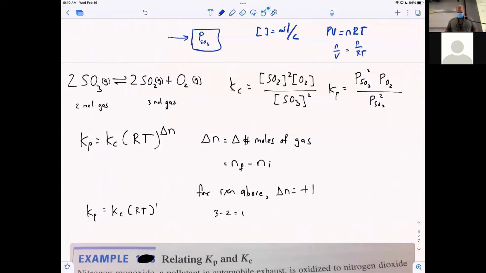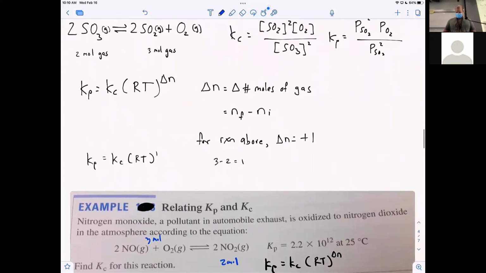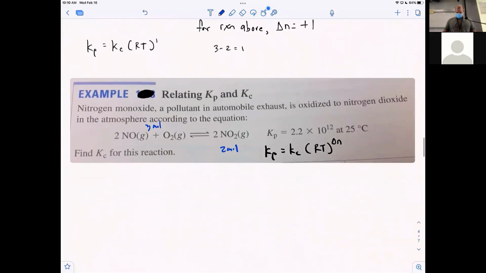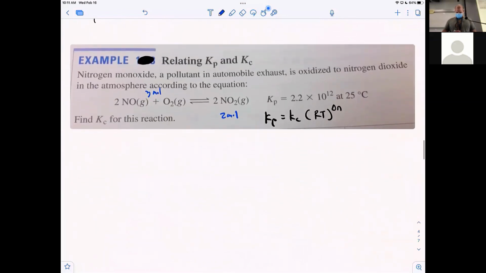So that means if we wanted to relate Kp and Kc, our Kp, the equilibrium constant in terms of pressure, for this reaction would be Kc times the quantity RT raised to the first power. So this is an easy way to go back and forth between pressures and concentrations.